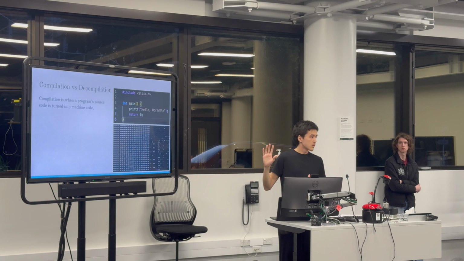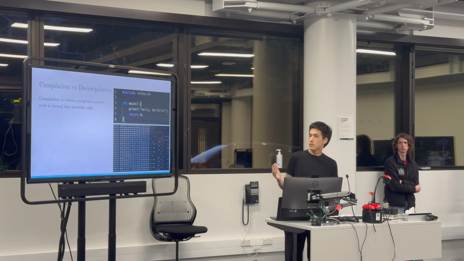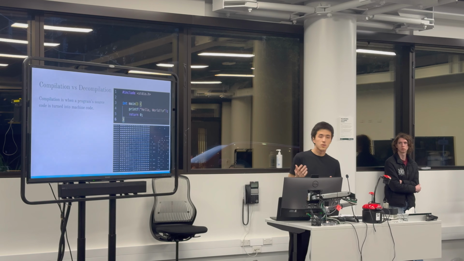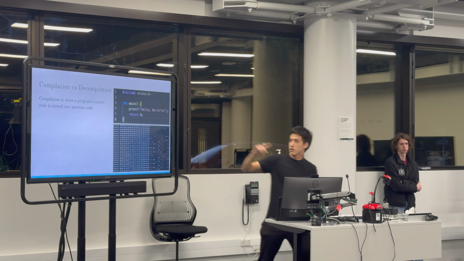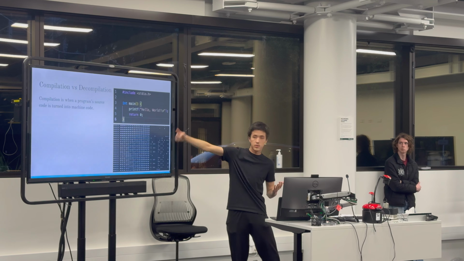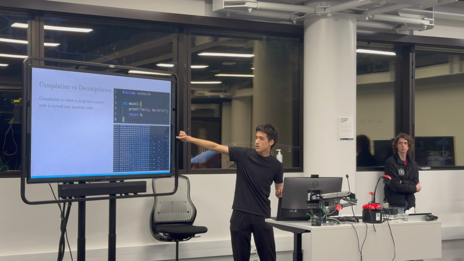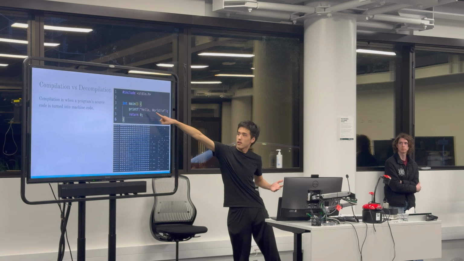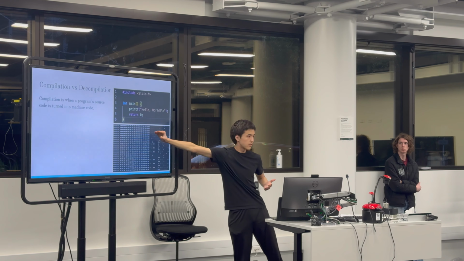So I still have a few more things to get into before I show you some actual reverse engineering. Compilation versus decompilation. Compilation is when a program, this right here, is turned into machine code. I'm not sure if you can see it, but right here it says hello. That's the data stored in the file.